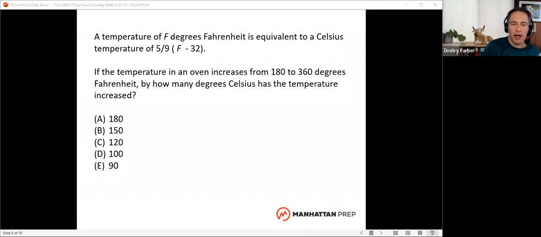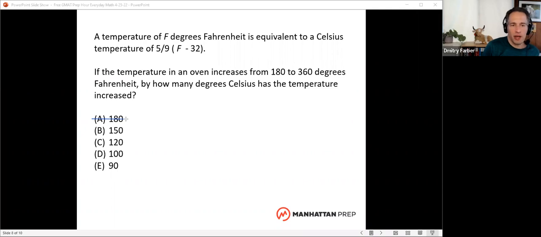If I go up by 180 degrees Fahrenheit, should that be more or less in Celsius? Because I'm taking the Fahrenheit and reducing it by 32 and taking 5/9, I should want to see something less than 180, which is the Fahrenheit increase.